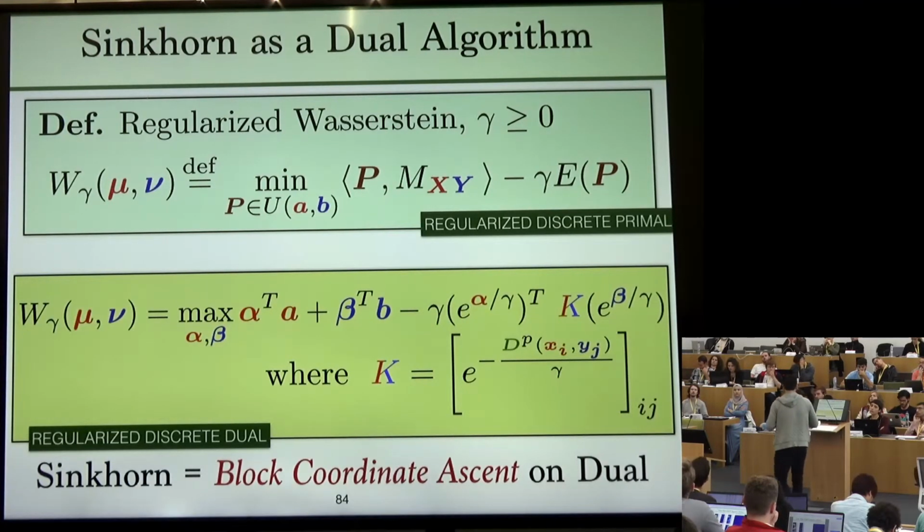So for those of you who are fond of optimization, let me just tell you that there is a very natural way to interpret the Sinkhorn algorithm as something called a block coordinate ascent in the dual.